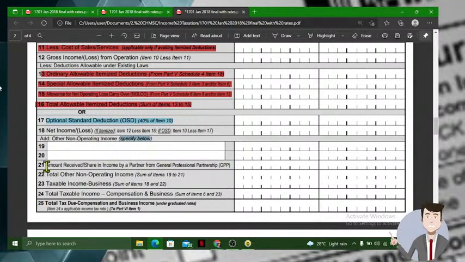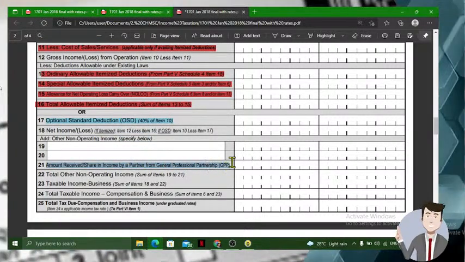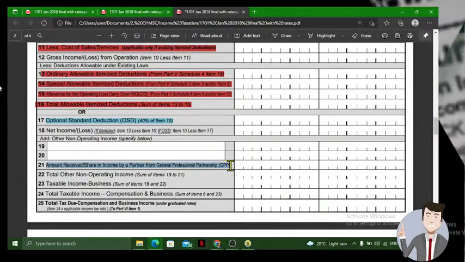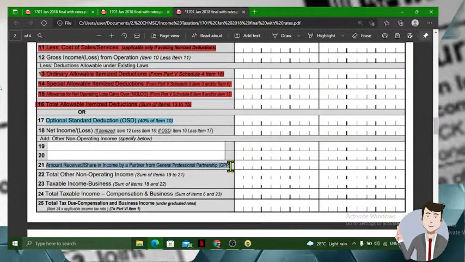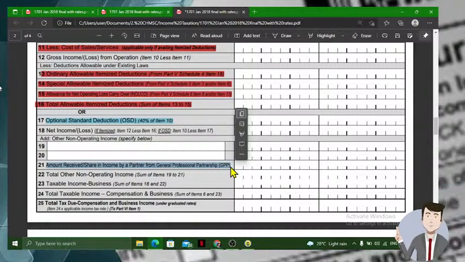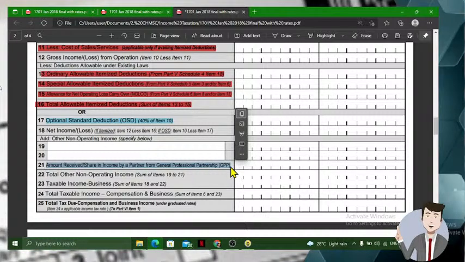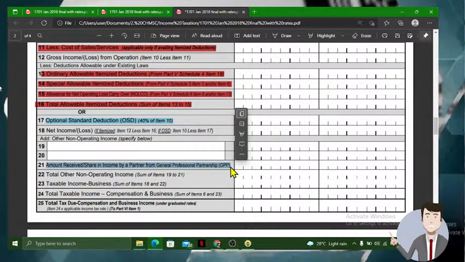Take note guys, amount received or share in net income by a partner from a general professional partnership, because the income taxation for GPP is on the distributive share of each partner and not on the partnership.